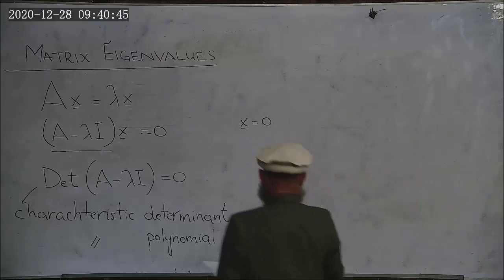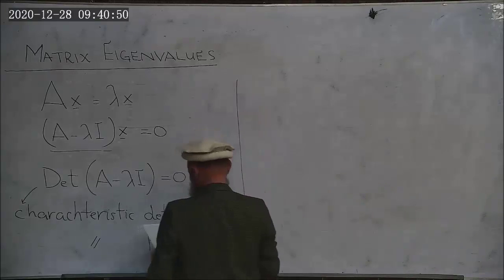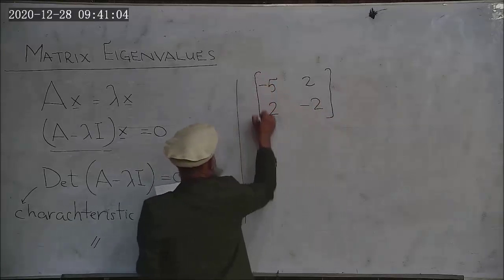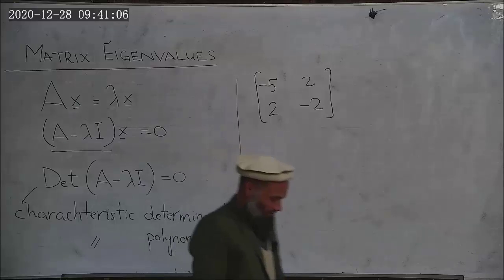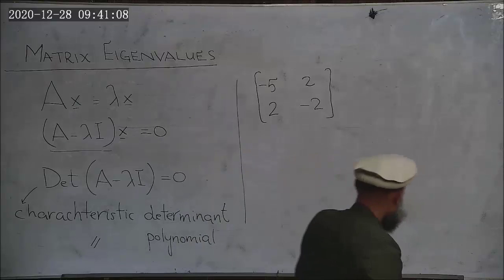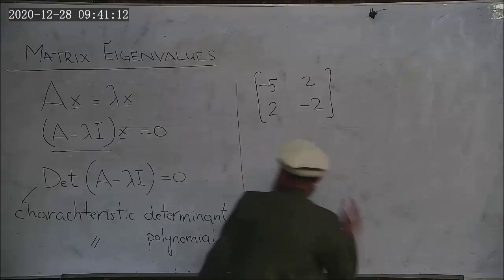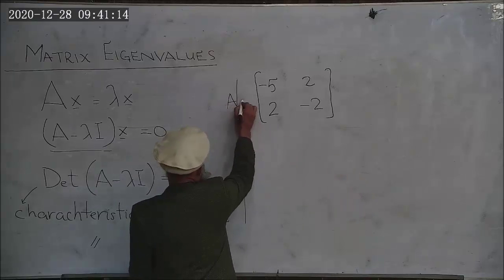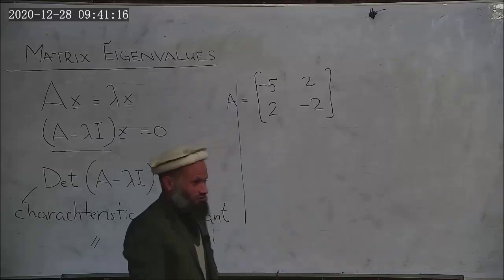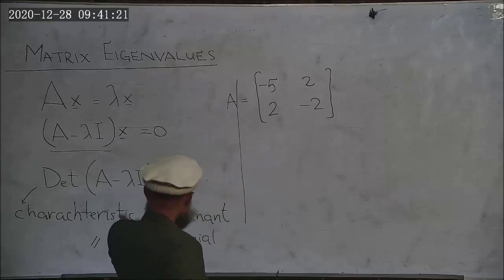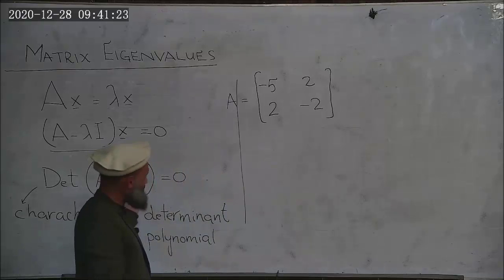So we have this matrix A given by, and we want to determine the eigenvalues and eigenvectors corresponding to this matrix. So this matrix is A. To determine eigenvalues and eigenvectors, we first write the characteristic determinant.